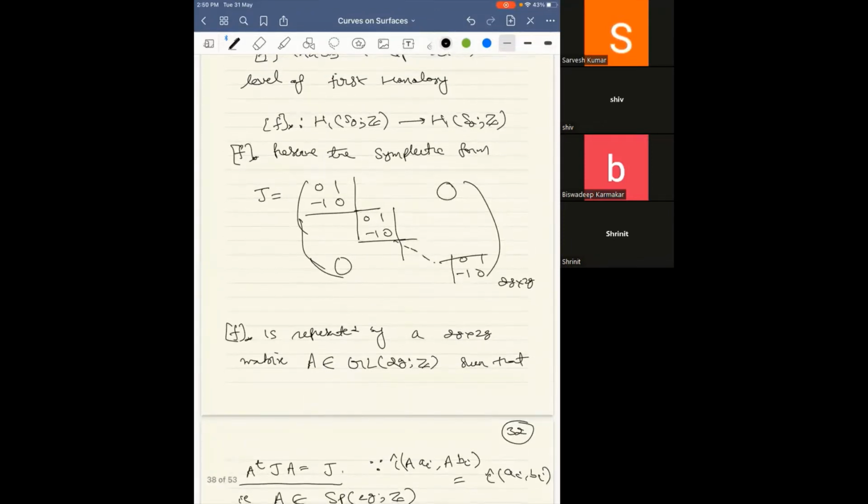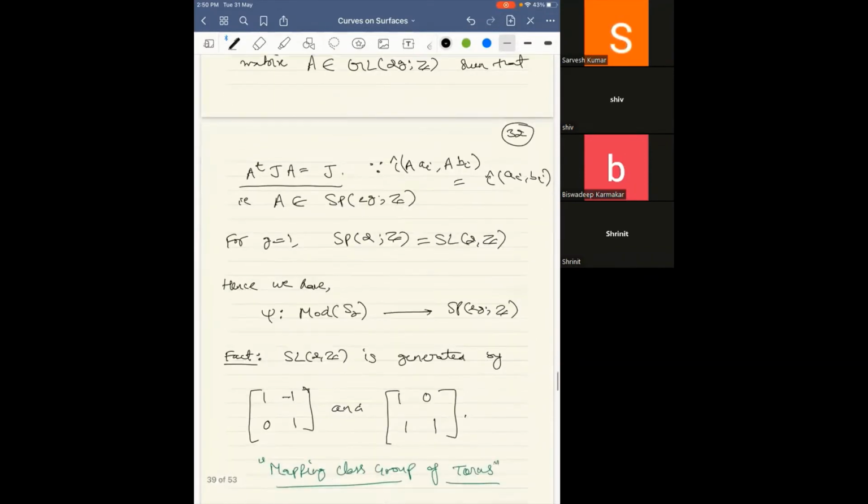Or you are asking how you get this element of H_1(S_g) as a matrix? At the end you are getting some map from Mod(S_g) to Sp(2g, Z), right? Okay, let me just write it. So there is an element, right? So what is this psi of x?